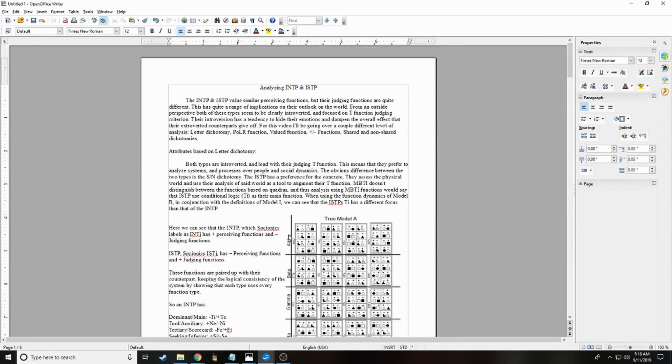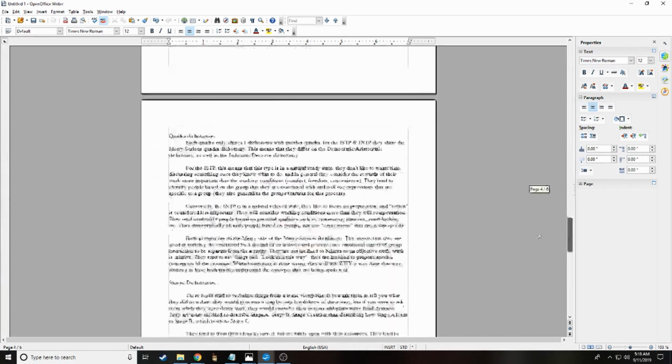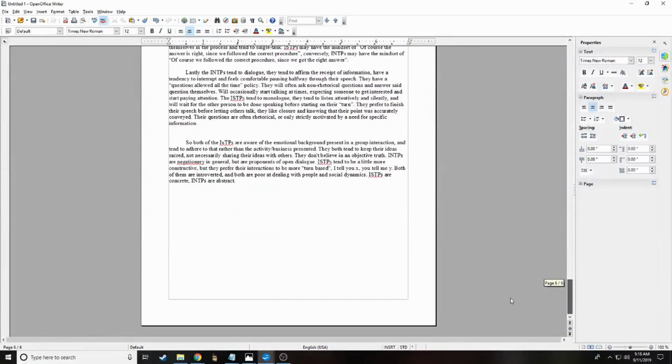We've introduced this top concept. I'm not going to completely explain this because it's just too much. And then lastly, the shared and non-shared dichotomies, and that goes back into what I was talking about, the valued functions. So, yeah, I hope based off of this information you can kind of pull out what the key difference is.